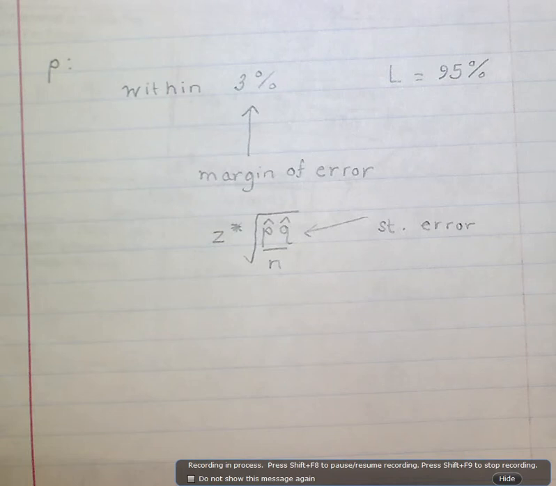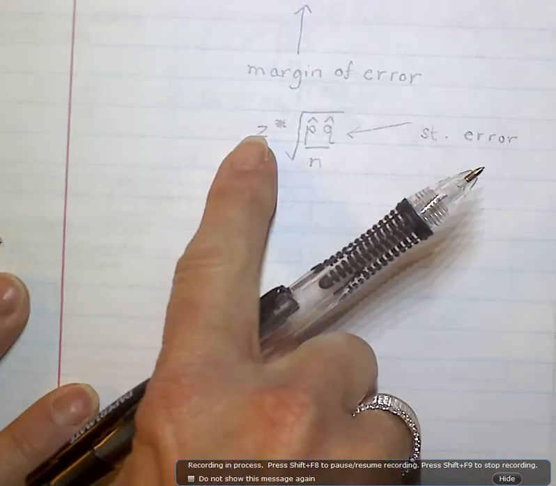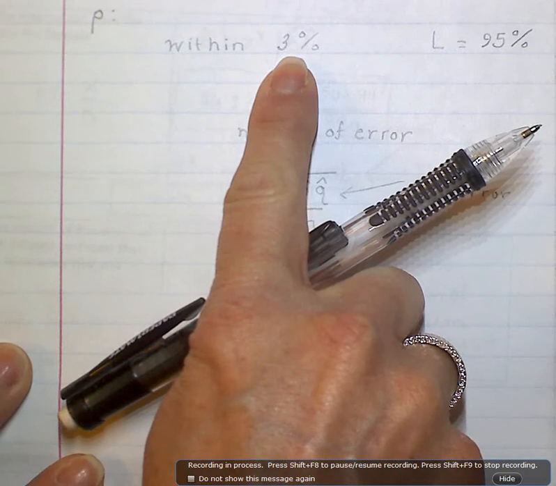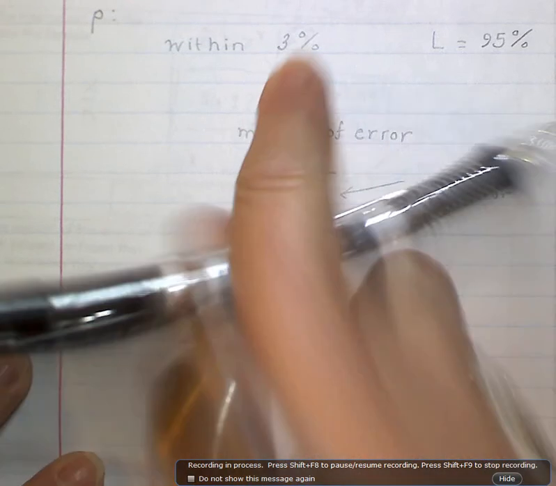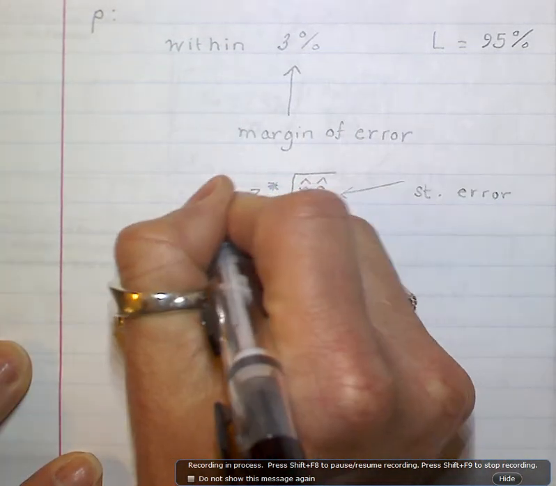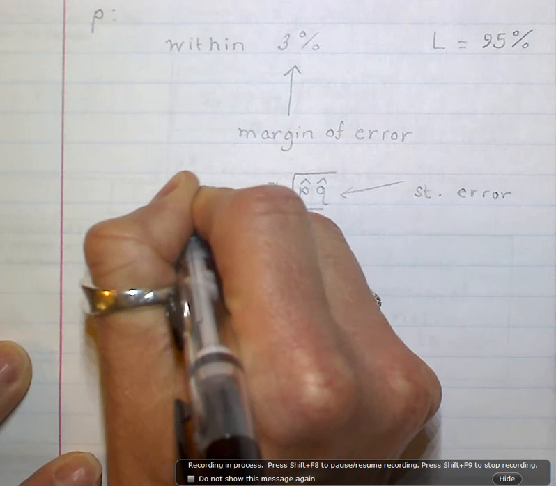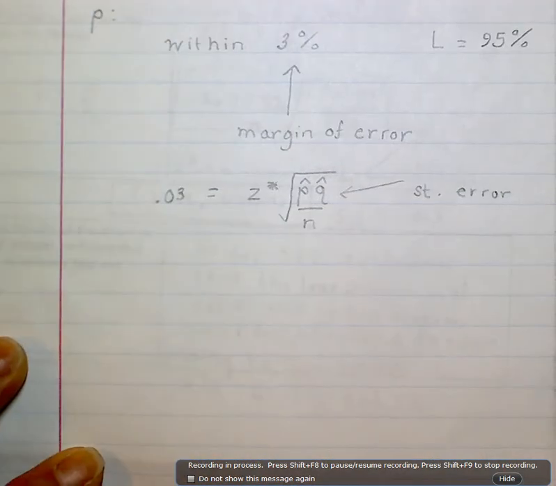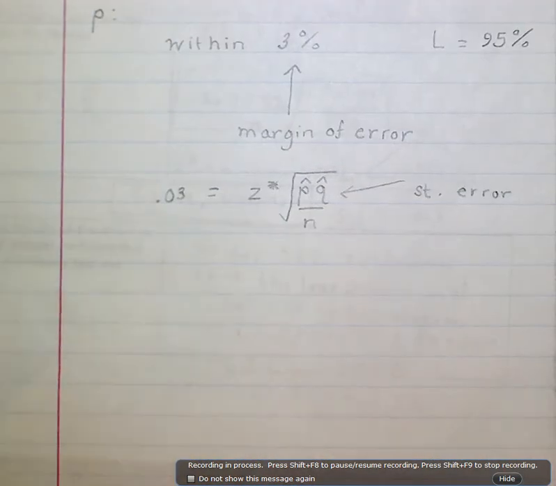And it's called standard error because we're using a sample value which from one sample to another can be different. So, in our case here, we want this margin of error to be 3% or less, so we're going to set it equal to 0.03. Does that part make sense so far? Any questions about that first?